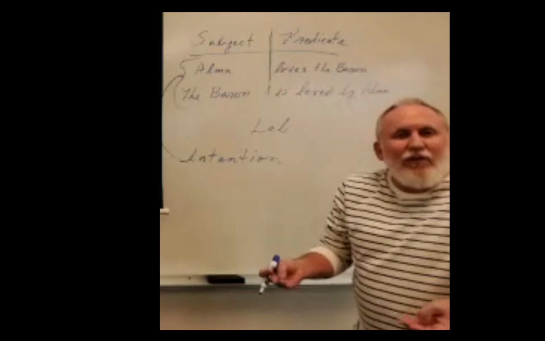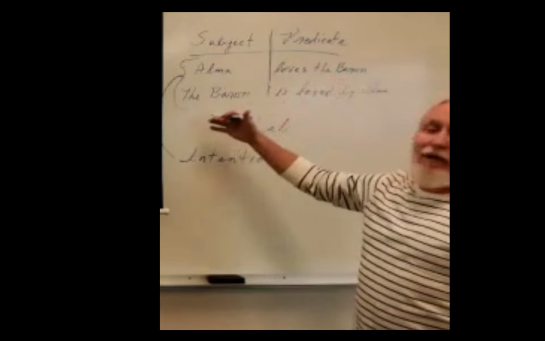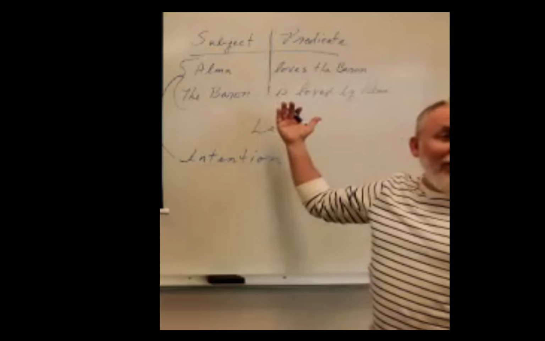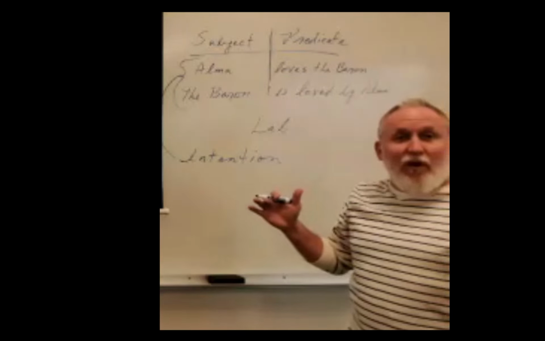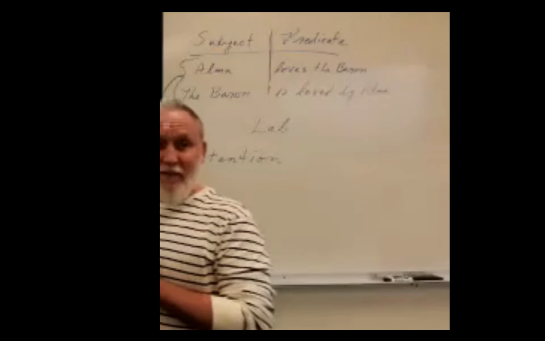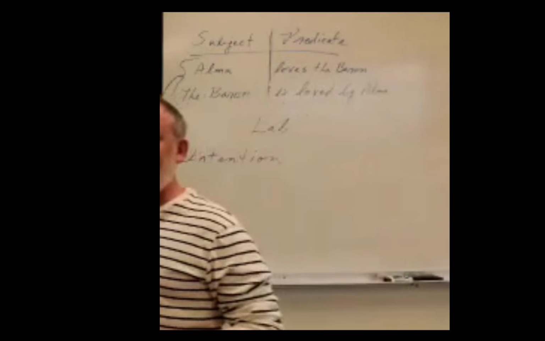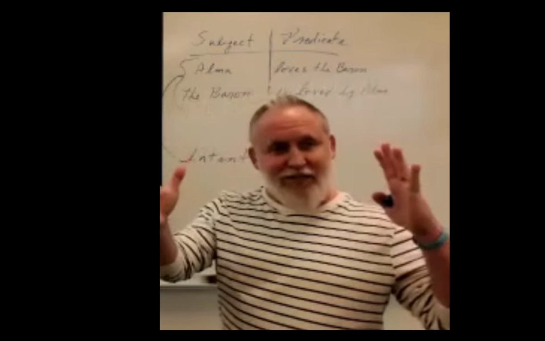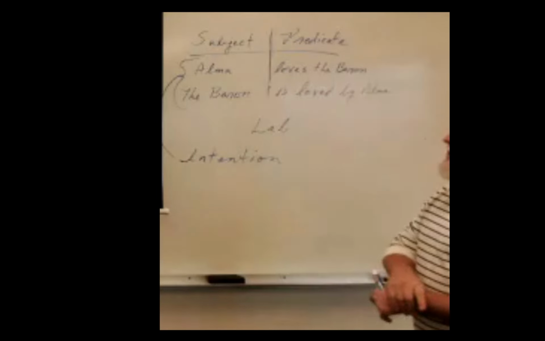There is a difference between saying Alma loves the Baron and the Baron is loved by Alma. There is a connotative difference, and one might be more appropriate for certain contexts. If you're telling a story about Alma, you use one, and if you were telling the Baron's story, you'd say it differently. It draws the reader's attention. Who is the protagonist?